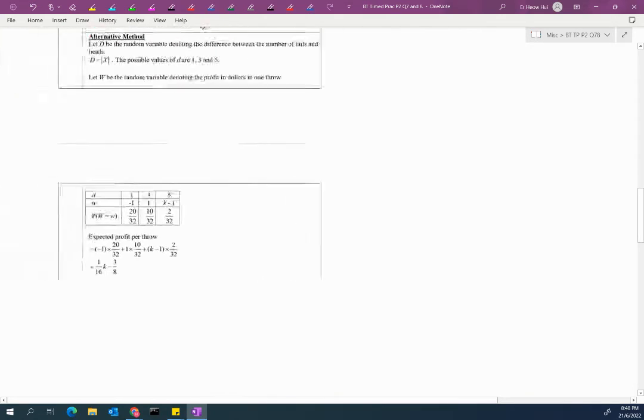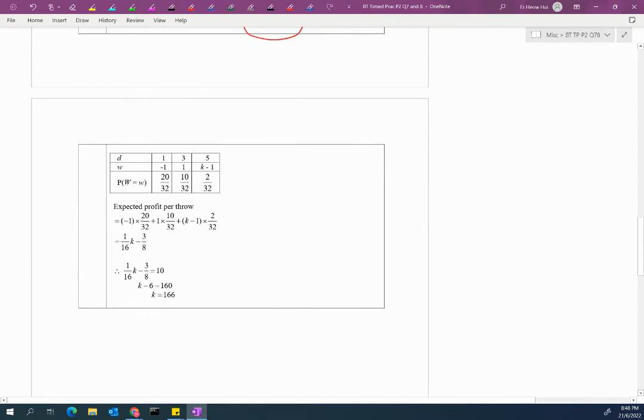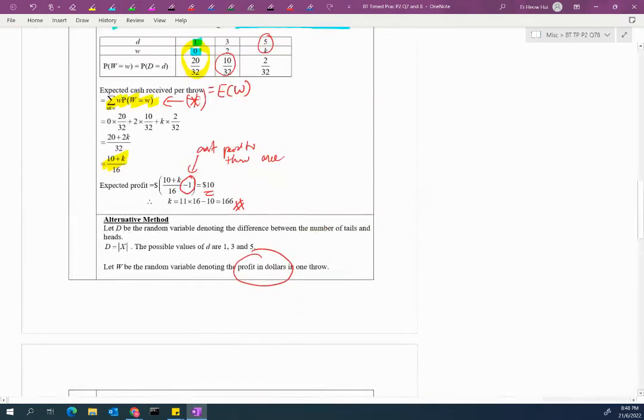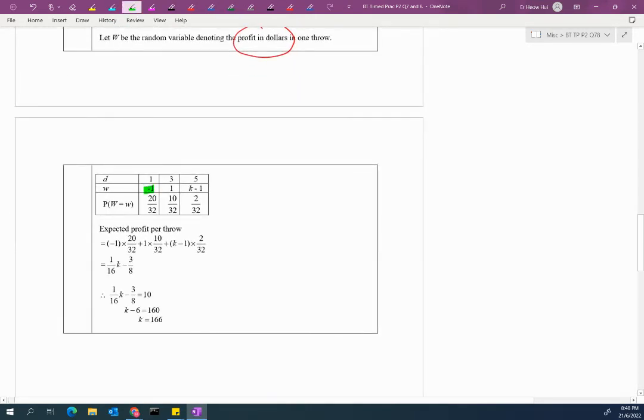The other way is, instead of looking at the cash received, we now look at profit in dollars. Its values, instead of the original 0, 2, and K, now become -1, 1, and K minus 1. How do I get these values?